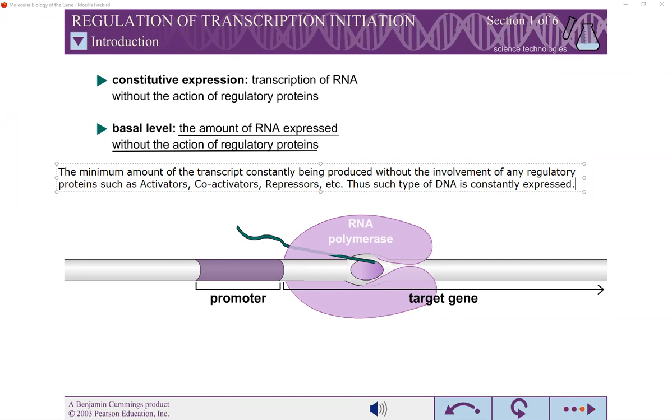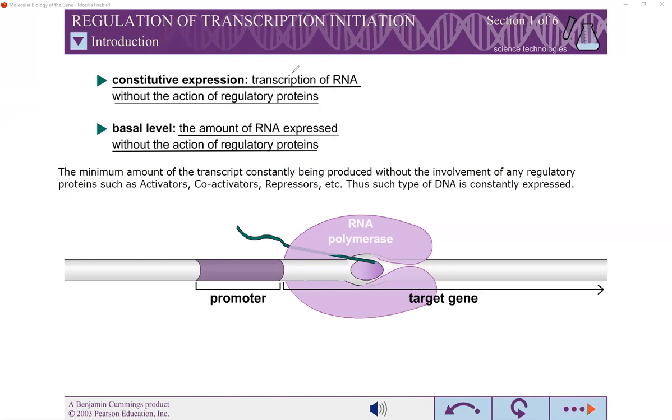Now, there are other different types of genes that are always expressed. Those genes which are always present in the expressed form are called constitutively expressed genes. Now, these genes are the ones which, without the action of regulatory proteins, are always being expressed. When you talk about genes in the case of Homo sapiens, the genes can be of two different types.